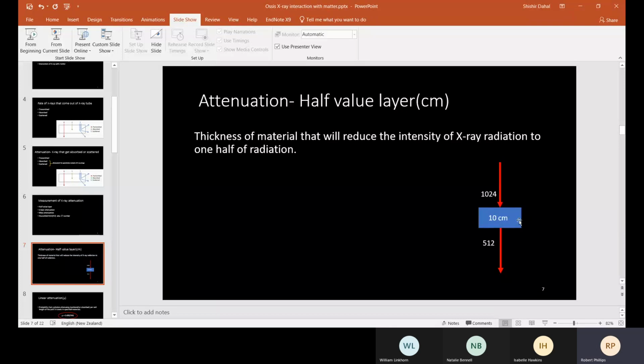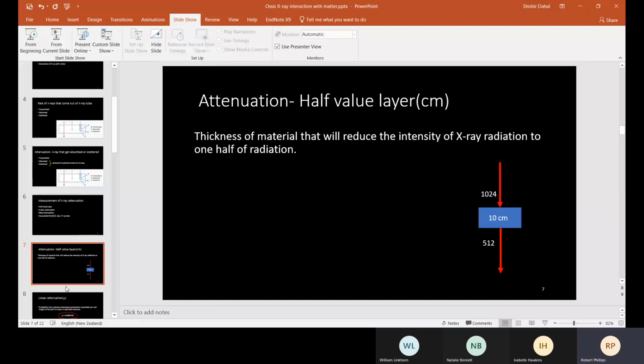So if we want to find half value layer of our titanium or stainless steel implant, then we should find the thickness of stainless steel that will decrease the intensity of X-ray by half. So how will we do that? We just keep on scanning the different thickness of stainless steel and we'll find, for example, 2 millimeter is half value layer of our implant.